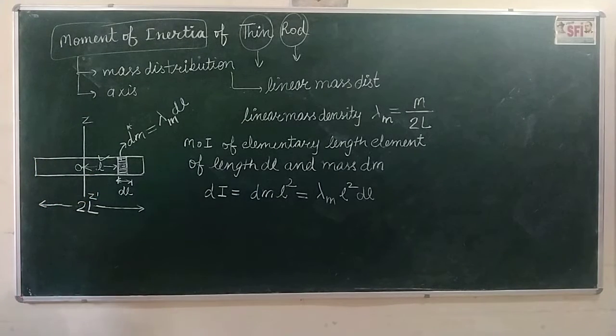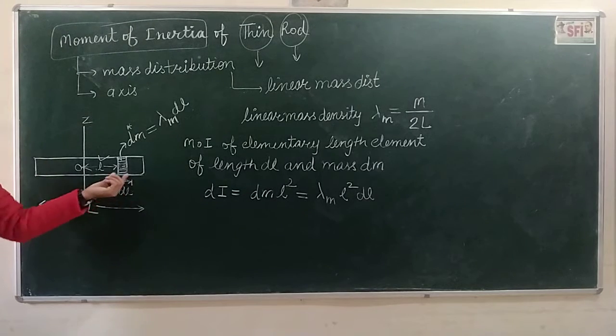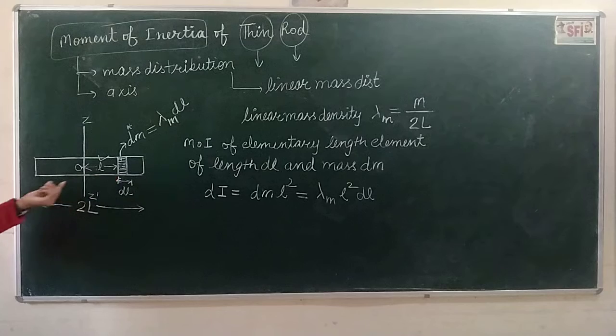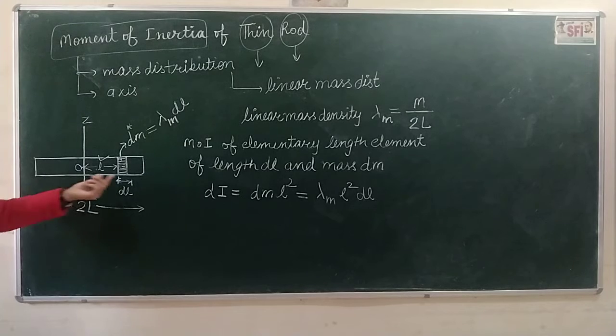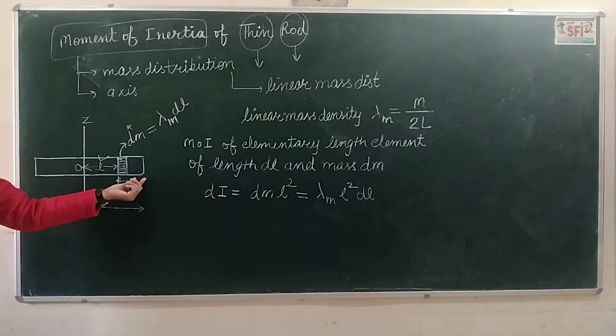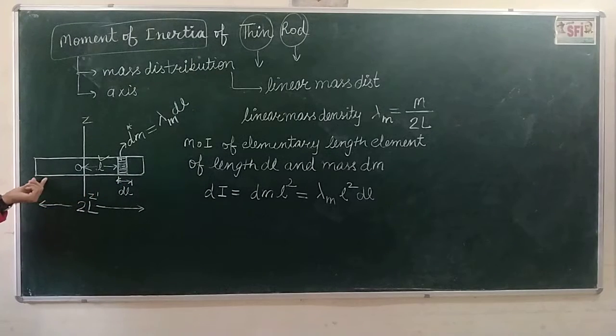Now to obtain the moment of inertia about this axis which is passing through the center of mass, you see, to cover this complete rod, you have to move this length element from this side to this side. When you start from this end and come to here, you will see the length will decrease, and after this it will increase.